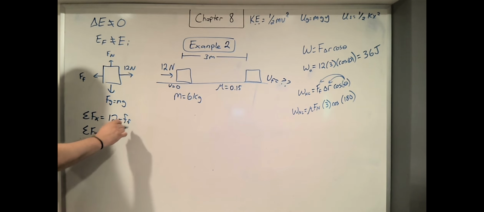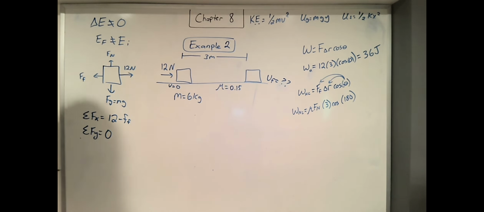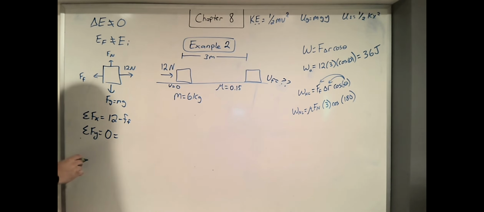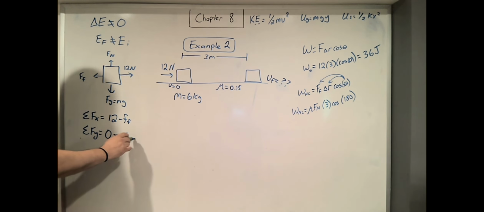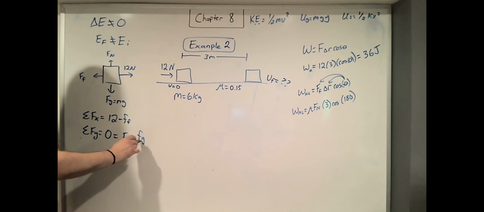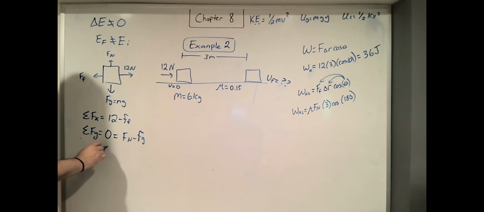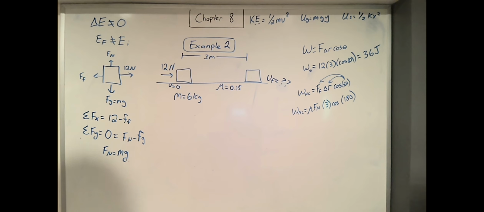I can do something like this. I can put 12 minus the friction force. But what I really want is the y, because I want the normal force. So in here we have normal force minus Fg, or mg. Okay, and then I get that the normal force is then equal to mg, the gravitational force.